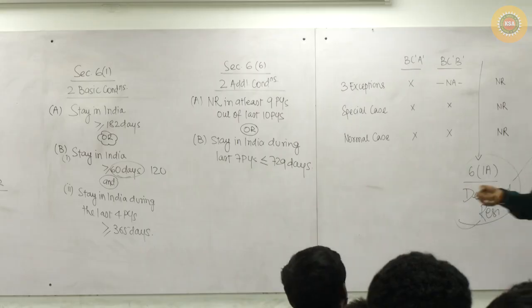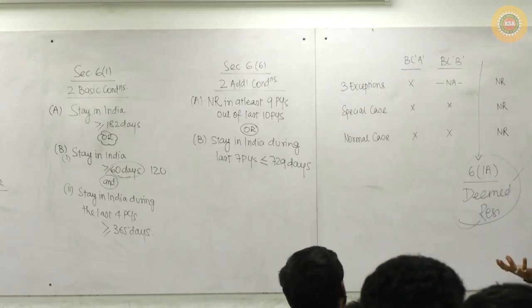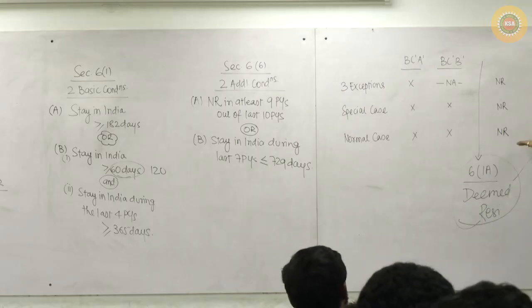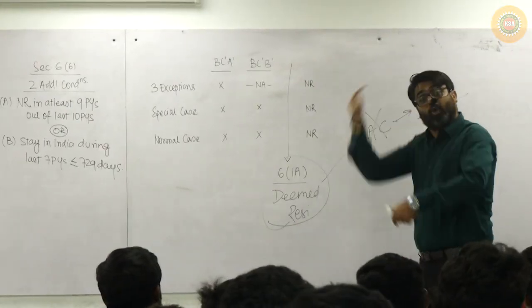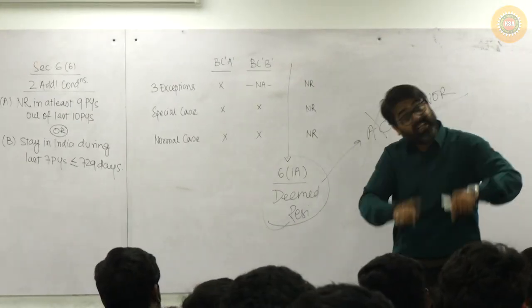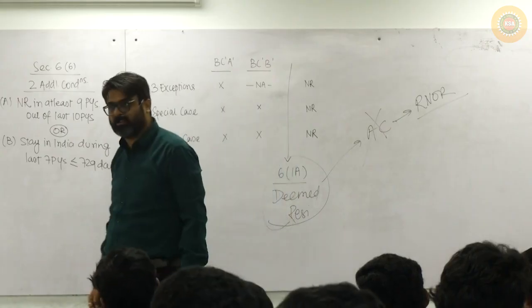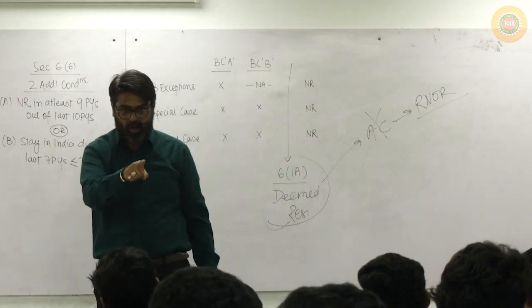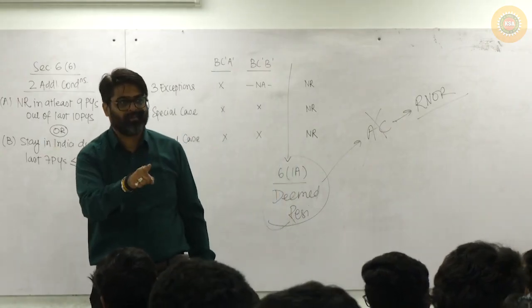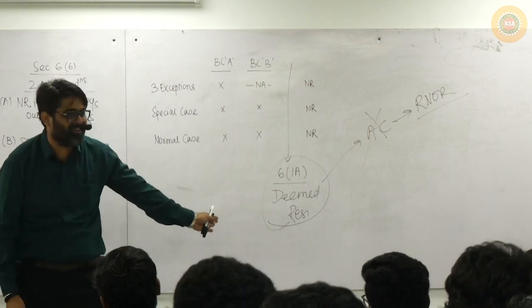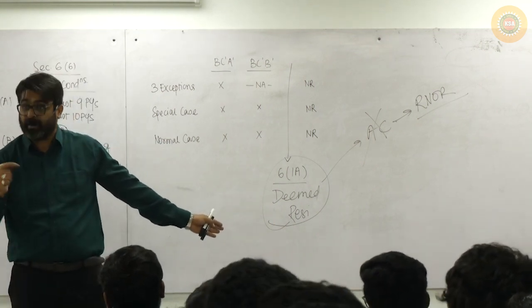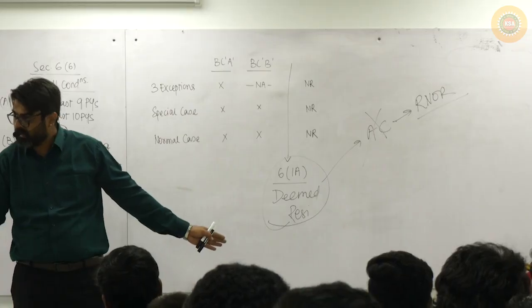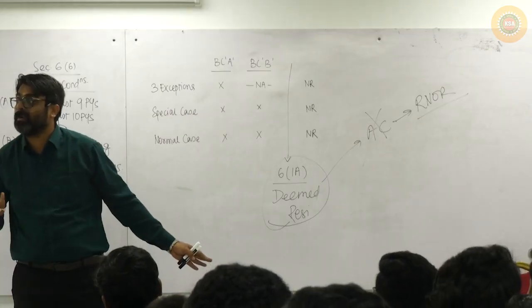We are dragging you and making you a resident. You were about to become a non-resident, and we are dragging you and making you a resident. And on top of that, we are telling you to go and satisfy additional conditions also. That is bad. That is wrong, which we cannot do. We are already doing wrong with you by dragging you and making you a resident. We cannot do more wrong.